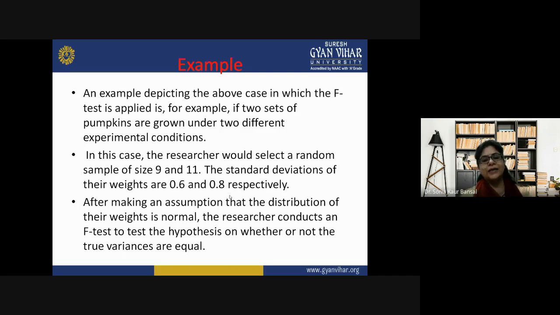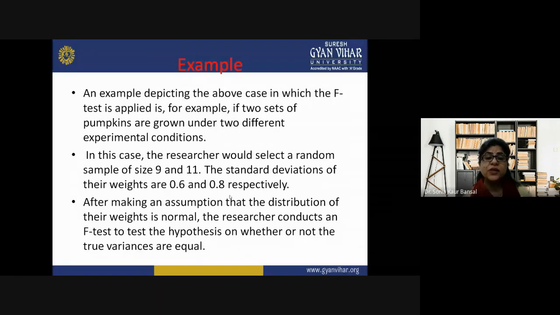In that case, the researcher would select a random sample of size 9 and size 11. Random sampling is done. The standard deviations of their weights are 0.6 and 0.8 respectively. Now the researcher has made an assumption that the distribution of their weights is normal. This is the assumption of the researcher.